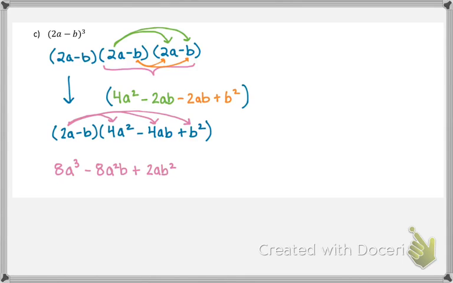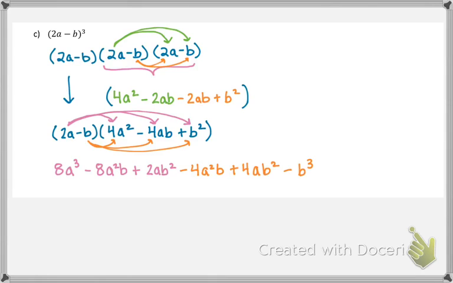And then I'm going to multiply the negative b to each term. So that's going to be negative 4a squared b. And then negative times negative, the next term will be positive 4ab squared. And then negative b cubed.